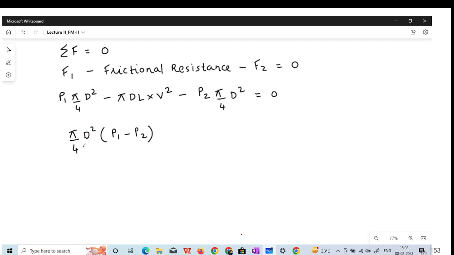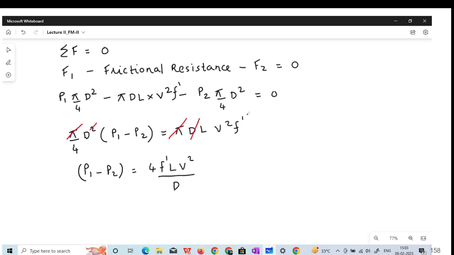You will get pi by 4 into d square in bracket P1 minus P2 equal to this. Here F dash will come. Pi will get cancelled. P1 minus P2 equal to 4 F dash L V square by D. This is what you get.